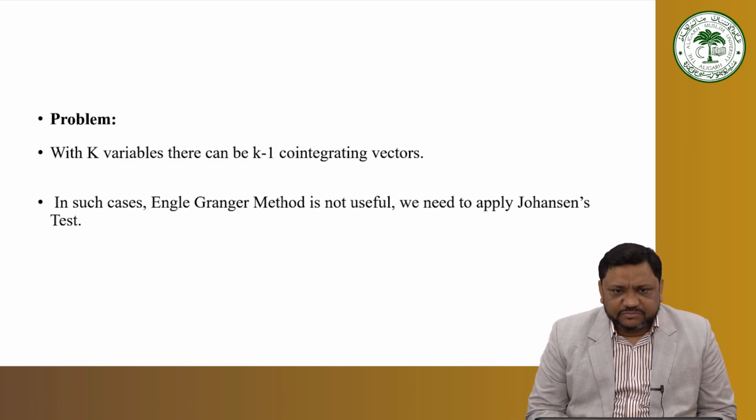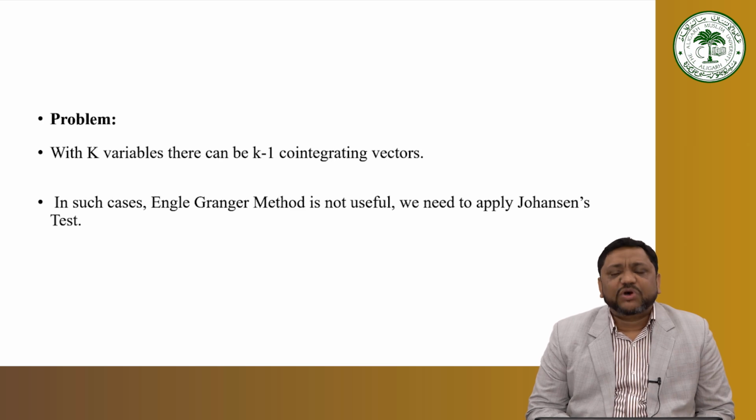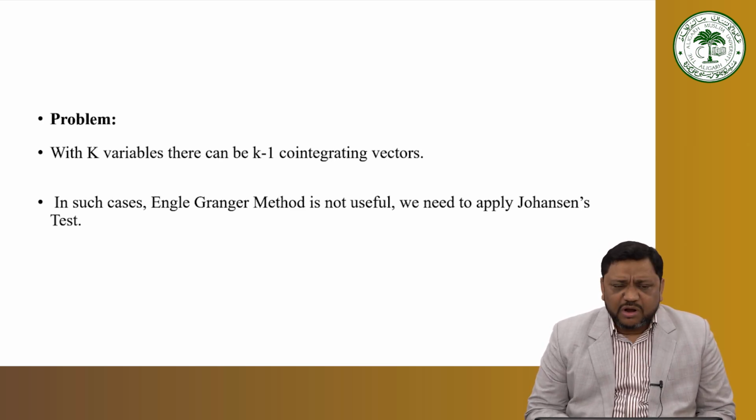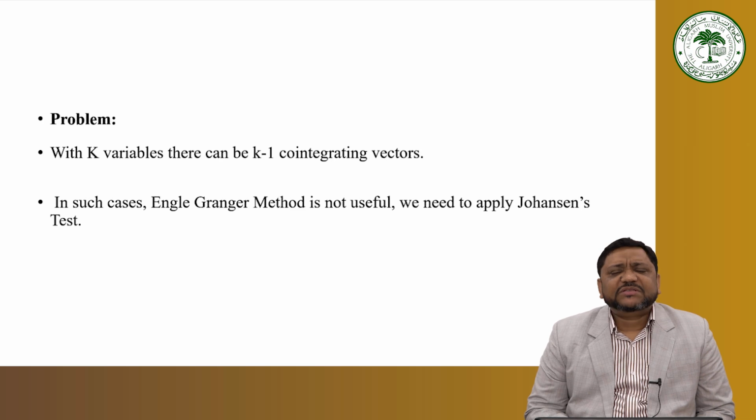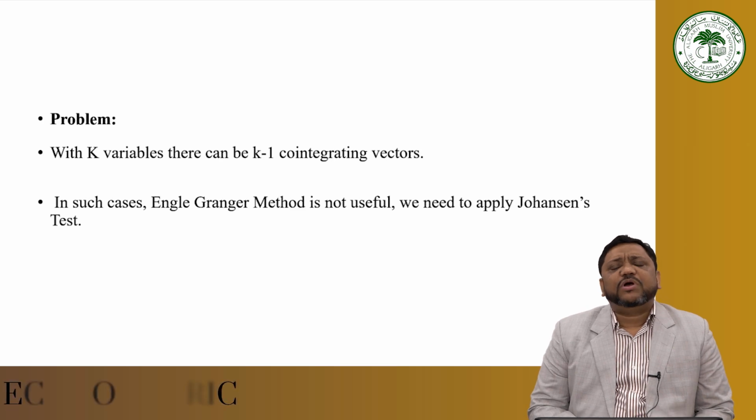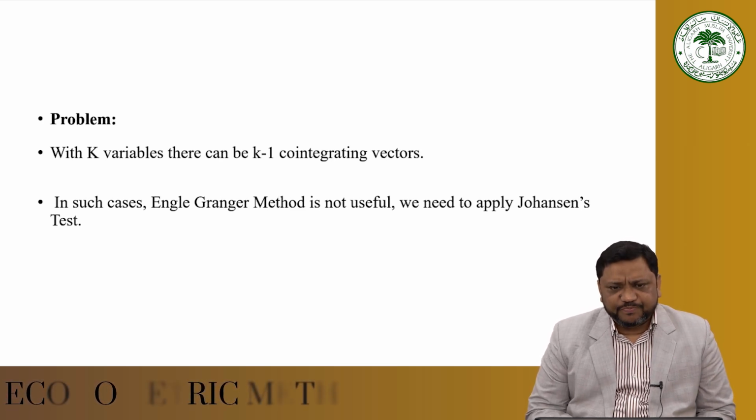But there were some issues with Engel-Granger, and one of them is that if there are more than two variables, say now we have Yt, Xt and Zt, so there are three variables, then there may be more than one cointegrating relationship.